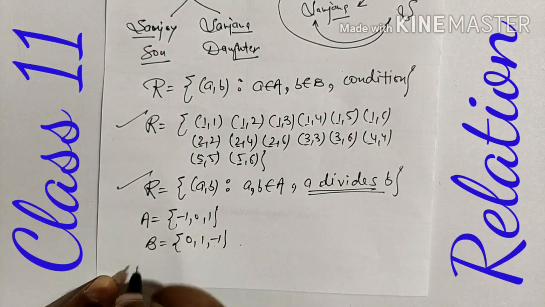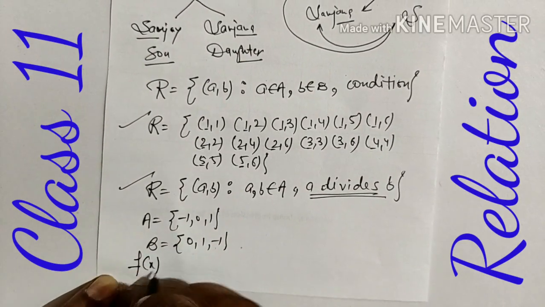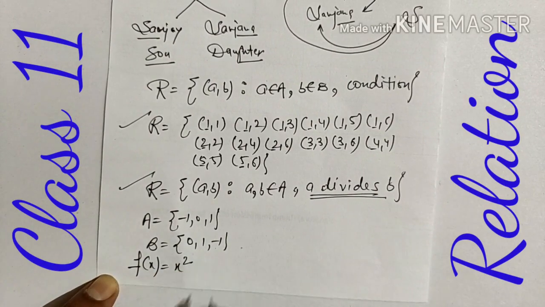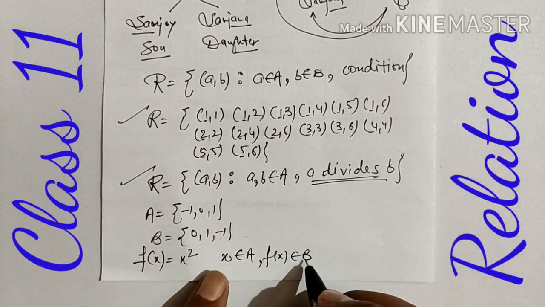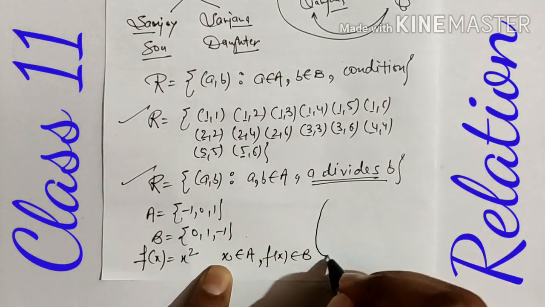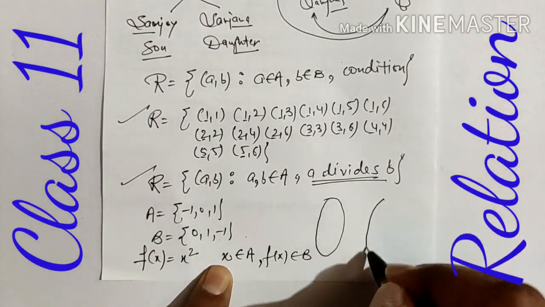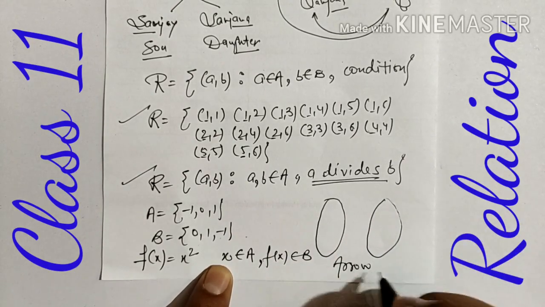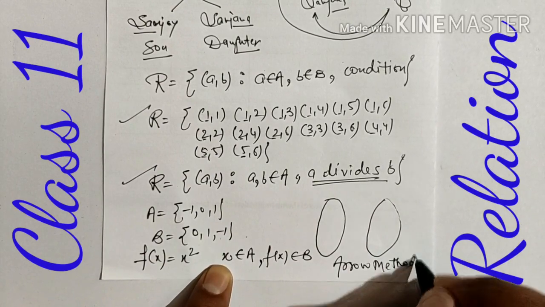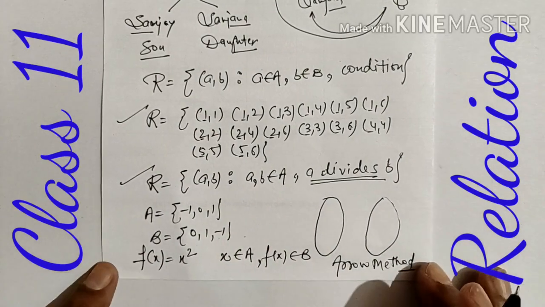Suppose both are the same. There is a function given by f(x) = x squared, where x belongs to A and f(x) belongs to B. We are going to use a representation with the help of a diagram, known as the arrow method, otherwise arrow diagram.